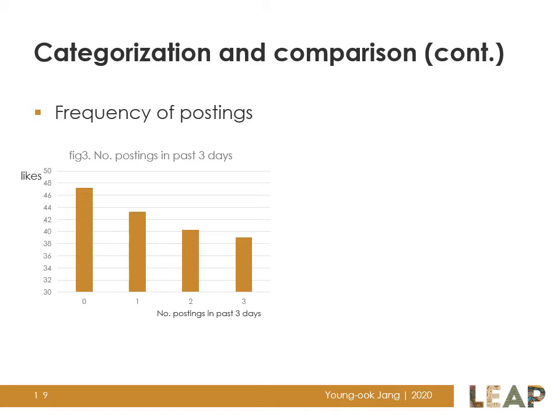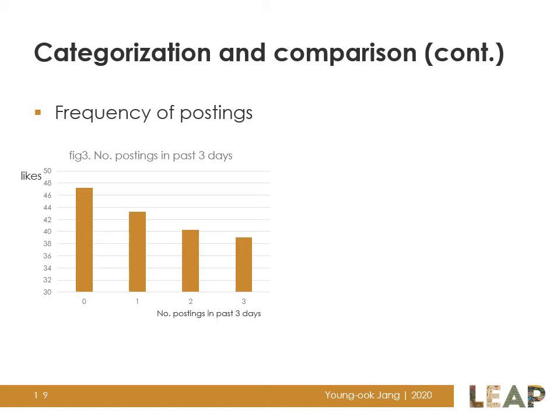In terms of frequency of postings, I get fewer likes if I post too much or too often. The first graph is the number of postings in the past 3 days. If I post 3 days in a row, then I get about 10 fewer likes than for the first posting.